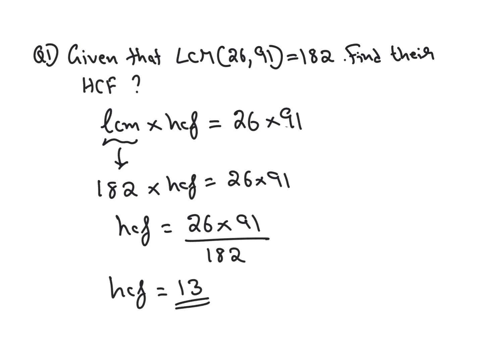Do you see now how we can find HCF just by knowing the LCM of the two numbers? Great. So we learned in this lesson how to find LCM, how to find HCF, and the relationship between LCM and HCF.